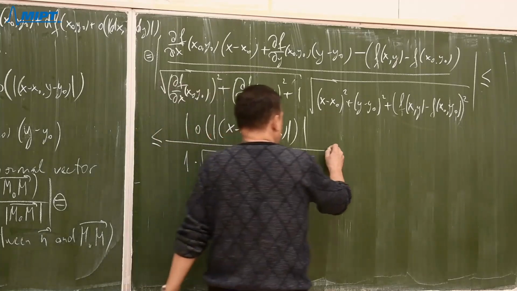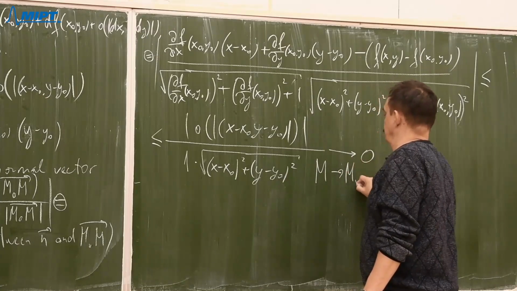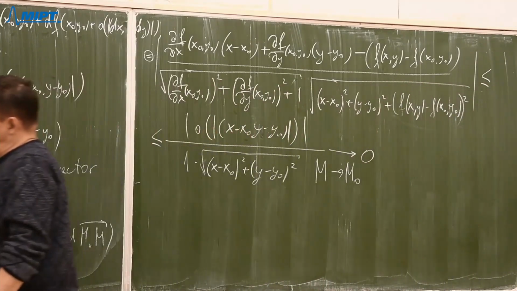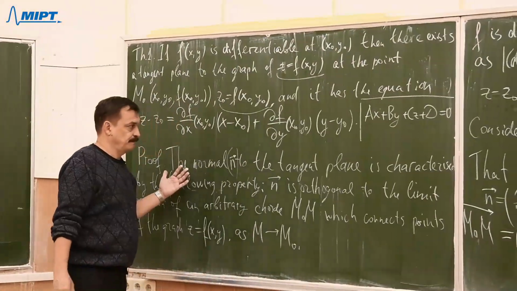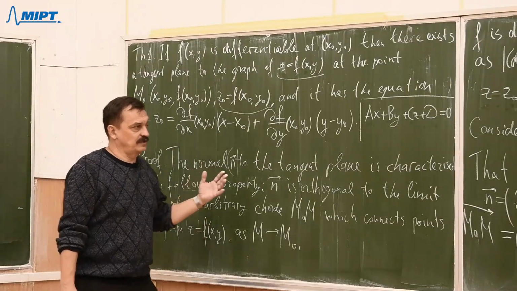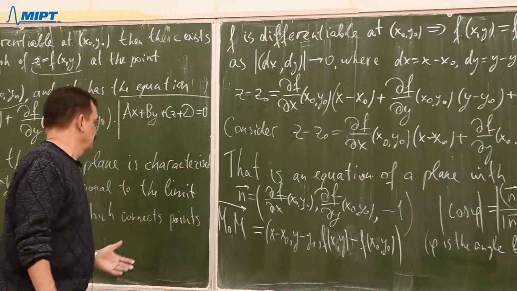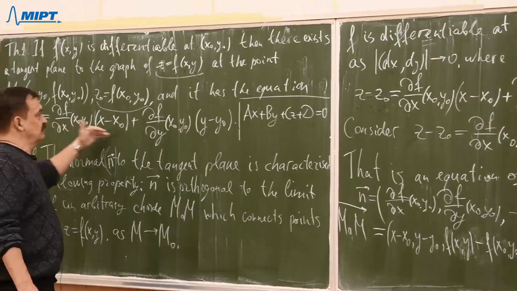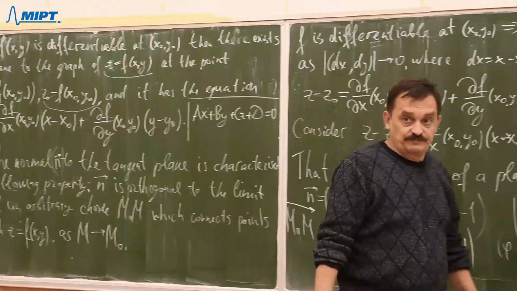So this quantity tends to 0 as M tends to M naught, as it should be according to our understanding of the tangent plane. So if we understand the tangent plane in this way, then we obtain immediately from the definition that the tangent plane exists and it has this equation. So the theorem is proved.